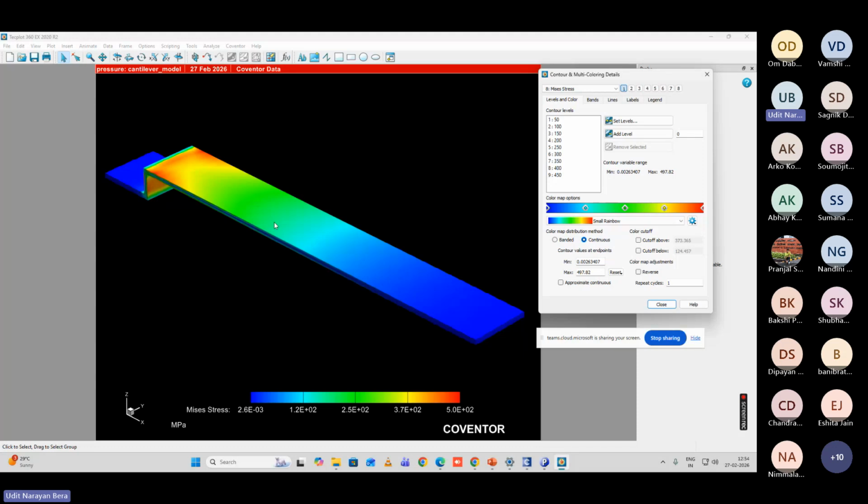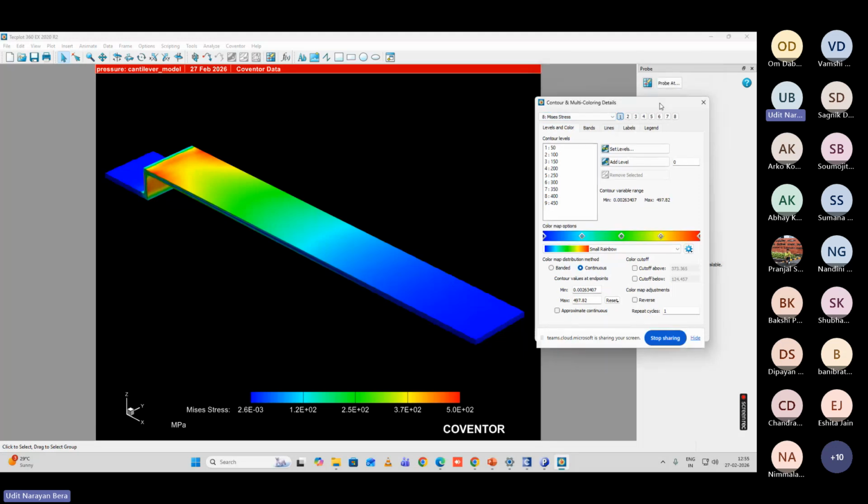But if you put your piezoresistor in this blue region, you will hardly experience any stress, or there won't be any change in resistance. This is the von Mises stress we normally use in MEMS. That's how you can check the surface stress contour or the deflection contour, based on the MEMS solver or applied pressure.